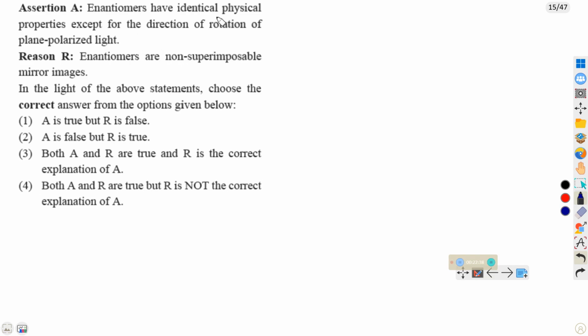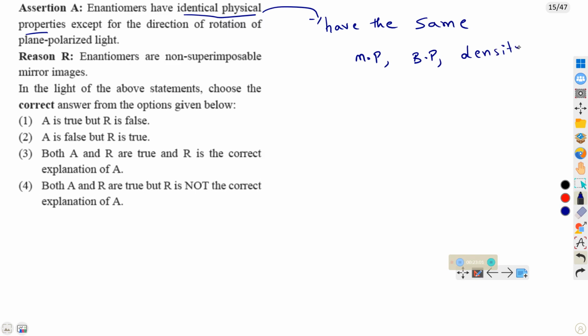Assertion: enantiomers have identical physical properties. Identical physical properties means the same melting point, boiling point, density, solubility, except for the direction of rotation of plane polarized light. Statement 1 is correct. Enantiomers are non-superimposable mirror images. The reason is also correct.